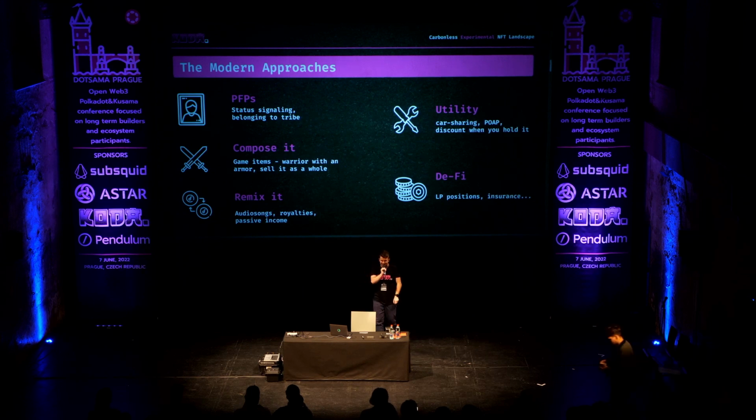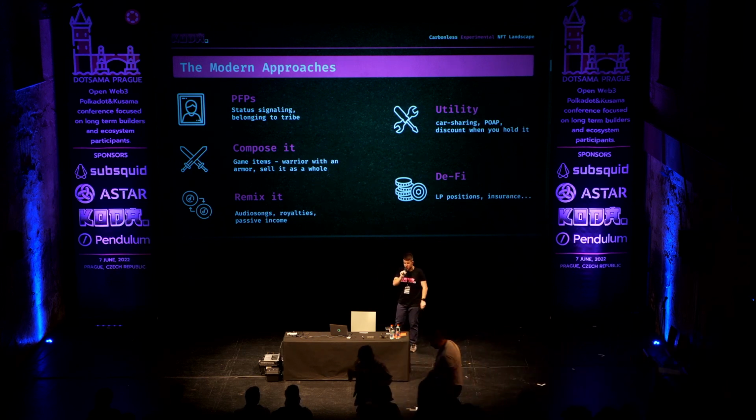Also, many people buy them because they want to become part of a tribe. For example, the Bored Apes wanted to create a Tinder app, but it turned out there is no good balance between males and females, so they postponed it.